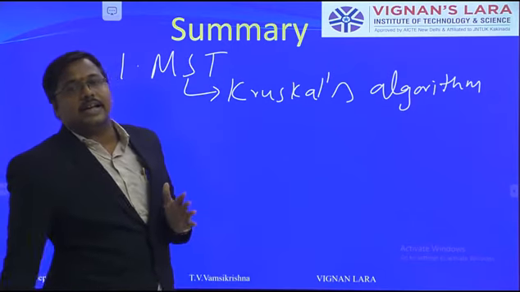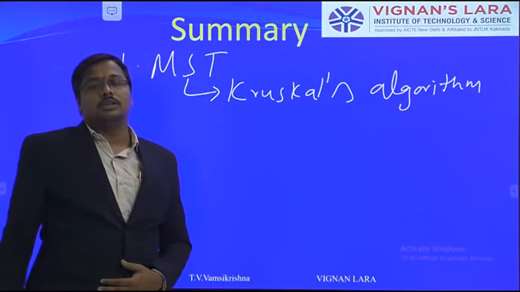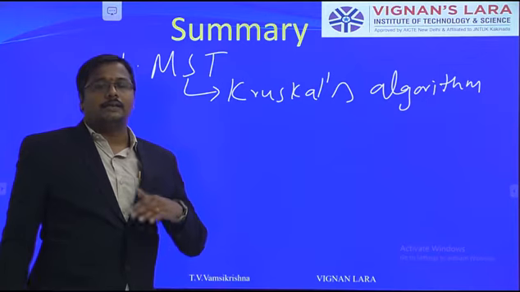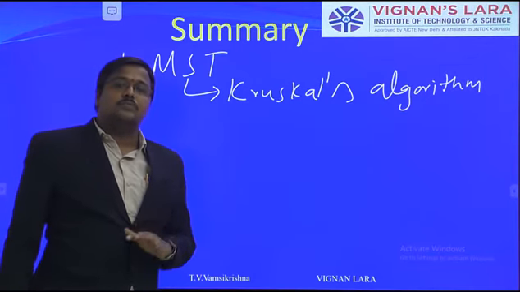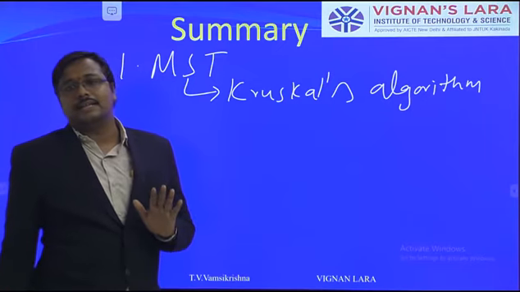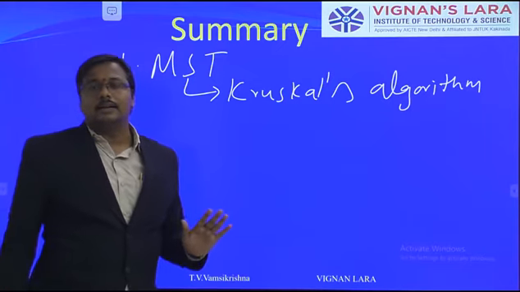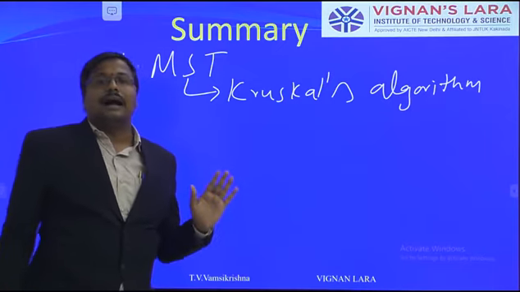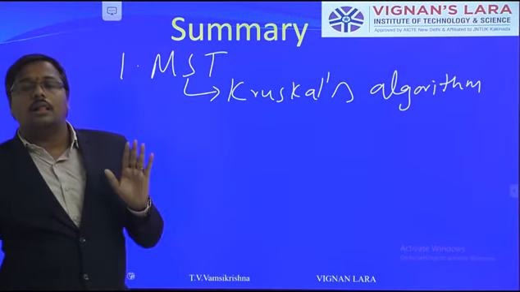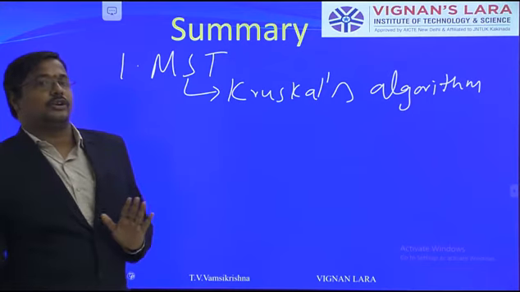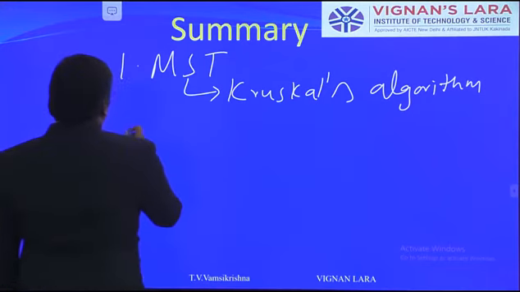Each and every time it selects one minimum cost edge, checking whether it forms a cycle or not. So it doesn't consider vertices. The process goes on until we get a tree where all the vertices are connected. So that is Kruskal's algorithm.